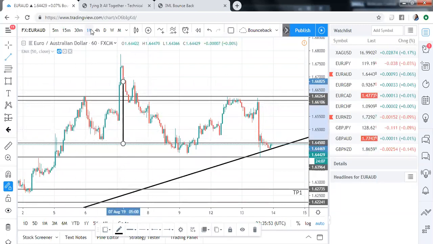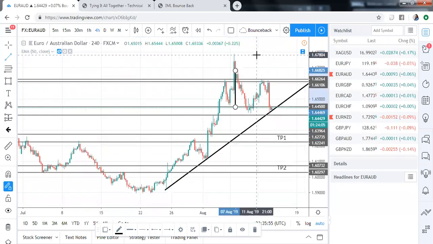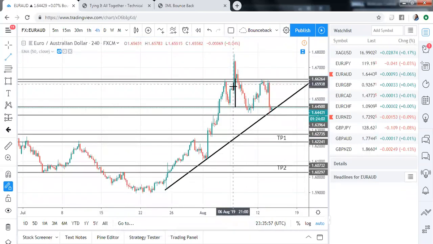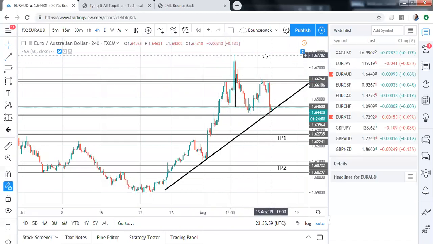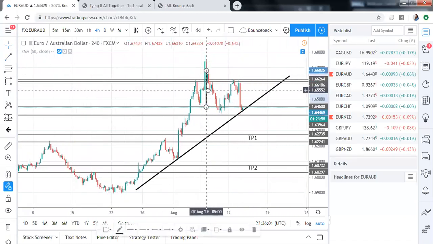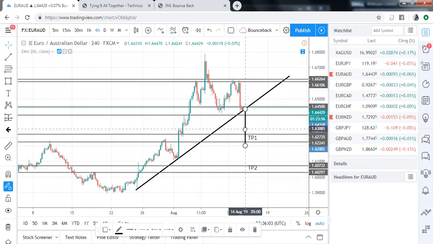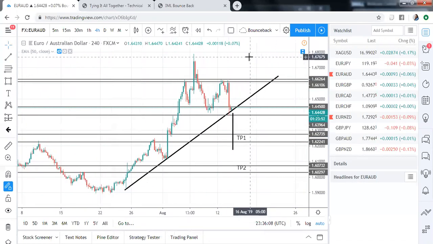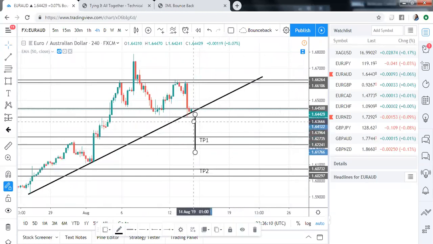Right? I'm going to show you something now. So let's go to 4 hour time frame. So we have this that we would have just measured, and you're going to put it on the break of your trend line, right here.